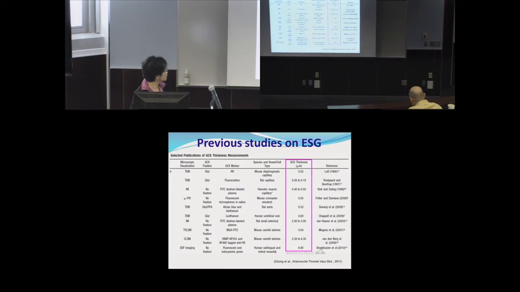They found the thickness of this layer ranges from 20 nanometer up to 8.9 micron. This is all in real vessels. And of course, they use different methods, different fixation methods and visualization methods. They use transmission electron microscopy, micro PIV, intravital microscopy, confocal, multiphoton, and some other methods. In our current study, we want to know why there is such a huge difference.